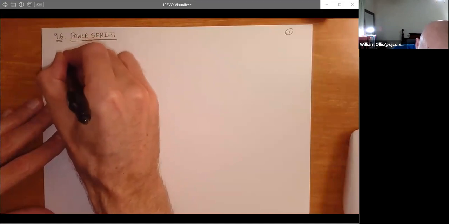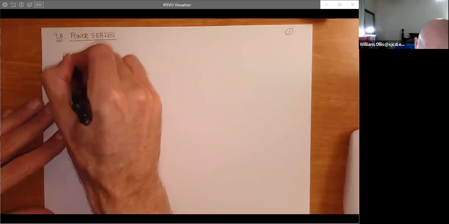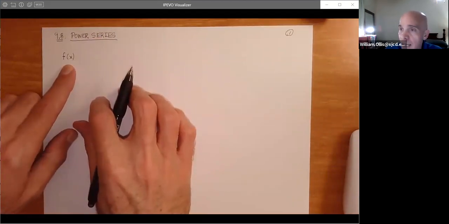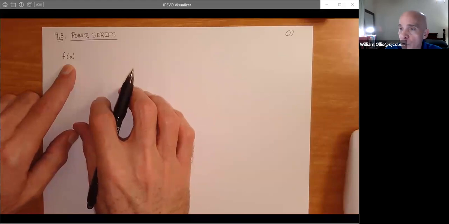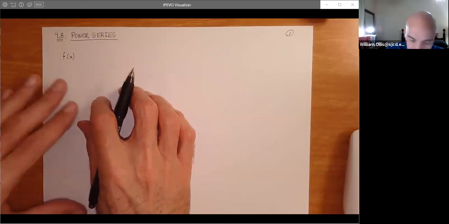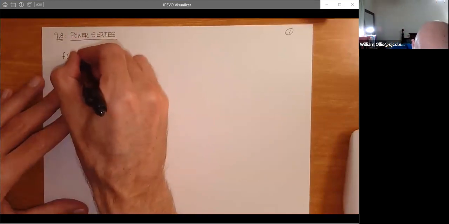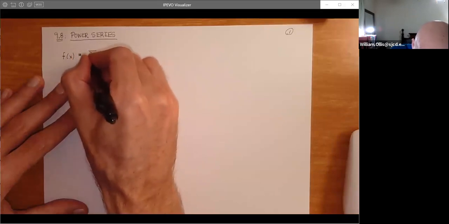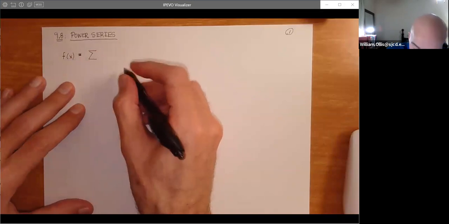Eventually, we will actually show that the power series, hopefully, can be illustrated to actually converge to a specific function. So for right now, we're just going to give it a generic name, just f of x. And so we'll write the polynomials that we dealt with in the previous lecture in an infinite fashion.